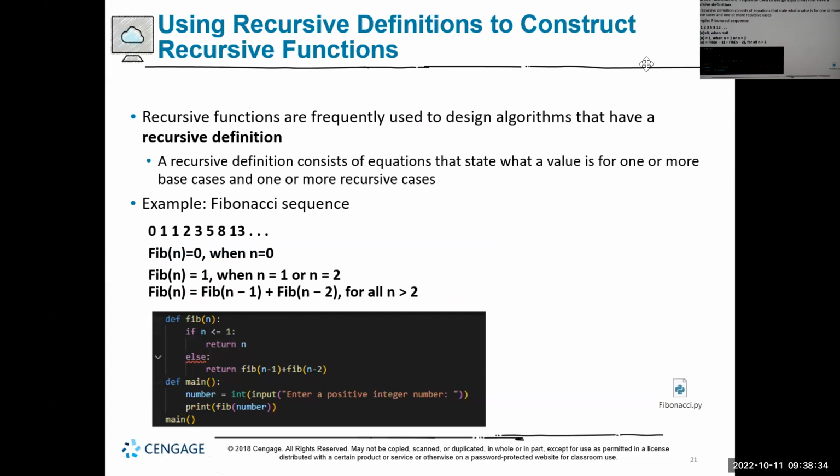When you have number 0, the function is 0, and when you have number 1, the function is also 1. Otherwise, you write it as the function of n minus 1 plus n minus 2. They have the same form, but the only difference is the argument you pass to them.